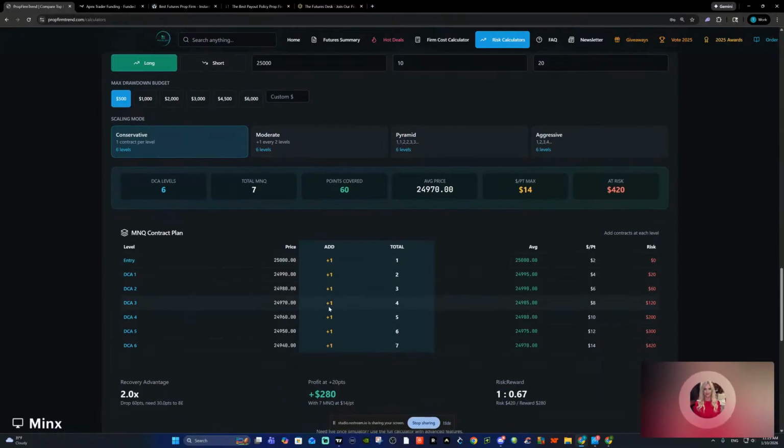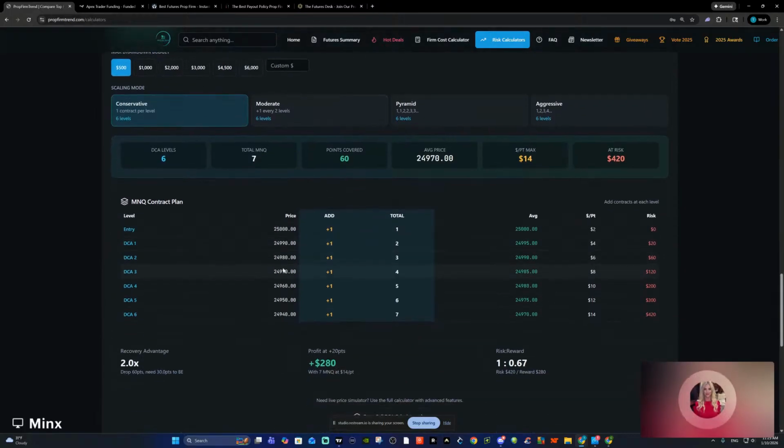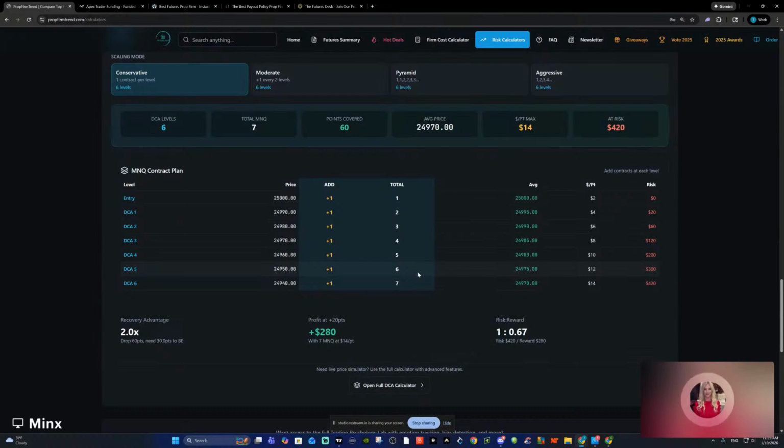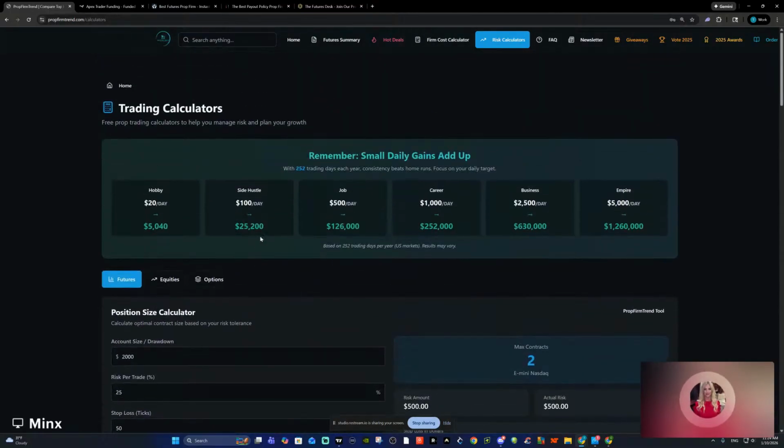It'll tell you where you can dollar cost average if you want to be conservative, for every 10 points you're down. I don't suggest that by any means, but it's better than for those that are just clicking buttons, getting in positions, with no mathematical backup to it.